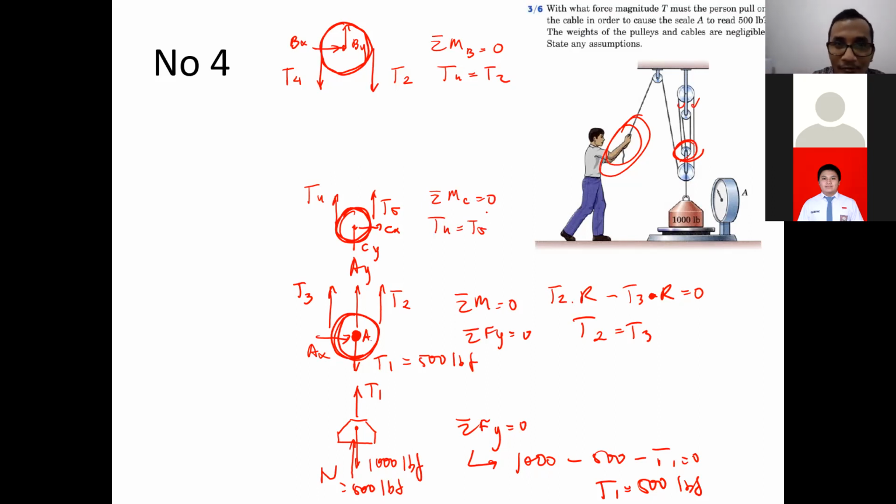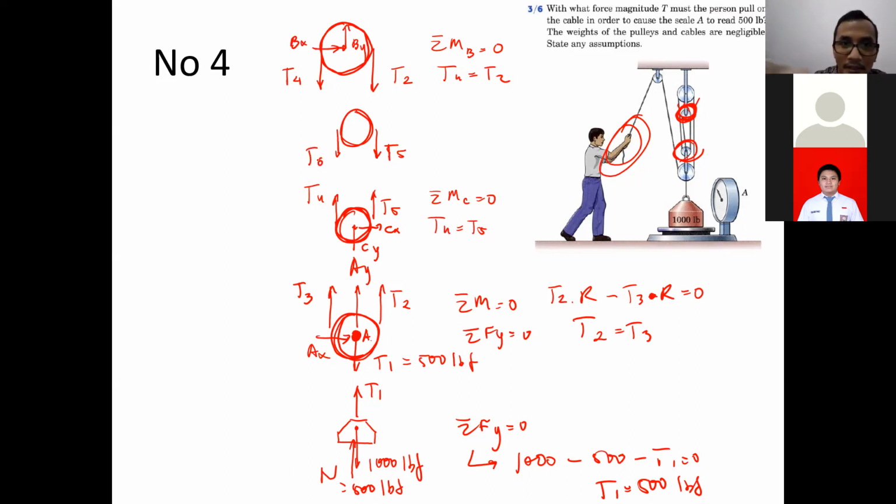Now the last one that we have to solve is this one. What do we have there? T5 and T6 going down. T5, T6, both are going down.